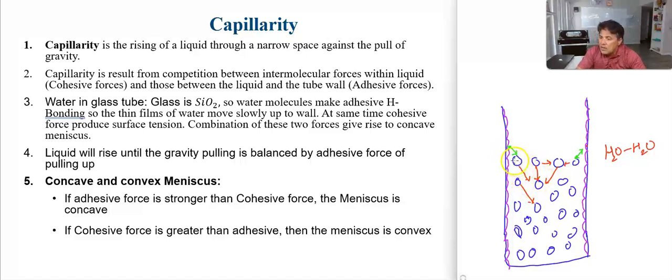The glass molecules attract this water molecule, and the other water molecules are pulled down. So this one doesn't have any attraction from glass to this water, but this corner molecule can be attracted by the glass molecule.